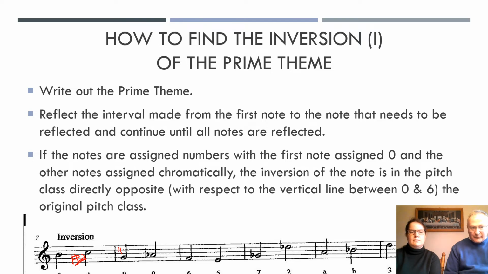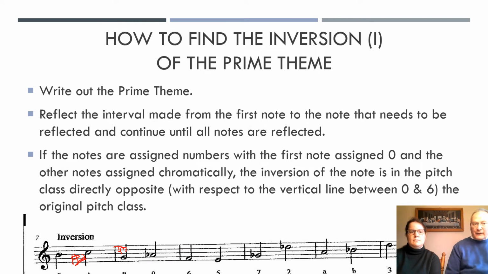A D sharp is a major third above a B. So the inversion of the D sharp would be a major third below, which is a G. So likewise, you can keep going like that.